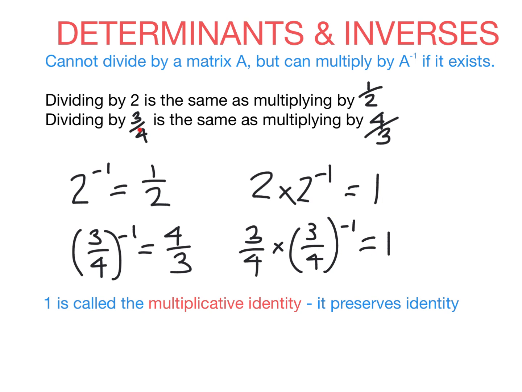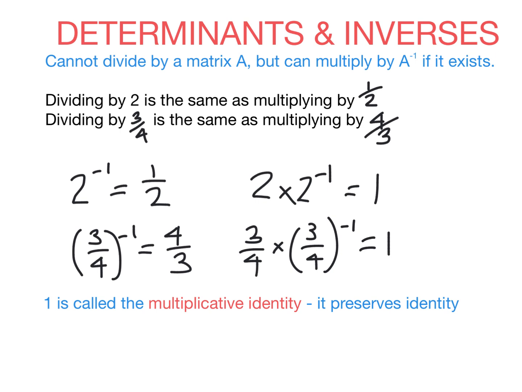So this is why dividing by 3/4 is the same as multiplying by 4 over 3. These two undo each other because these two numbers, when multiplied together, give 1. The reason dividing by 2 and multiplying by a half are the same is because 2 times a half is equal to 1.